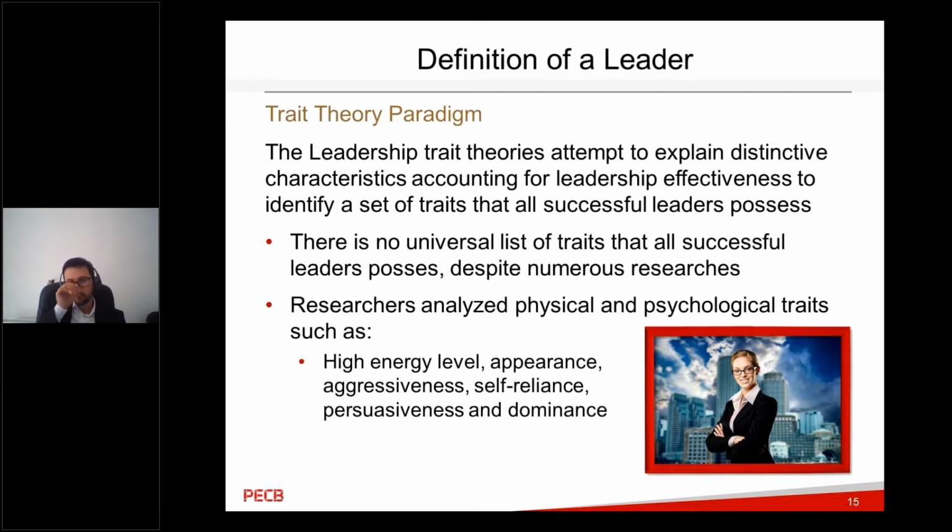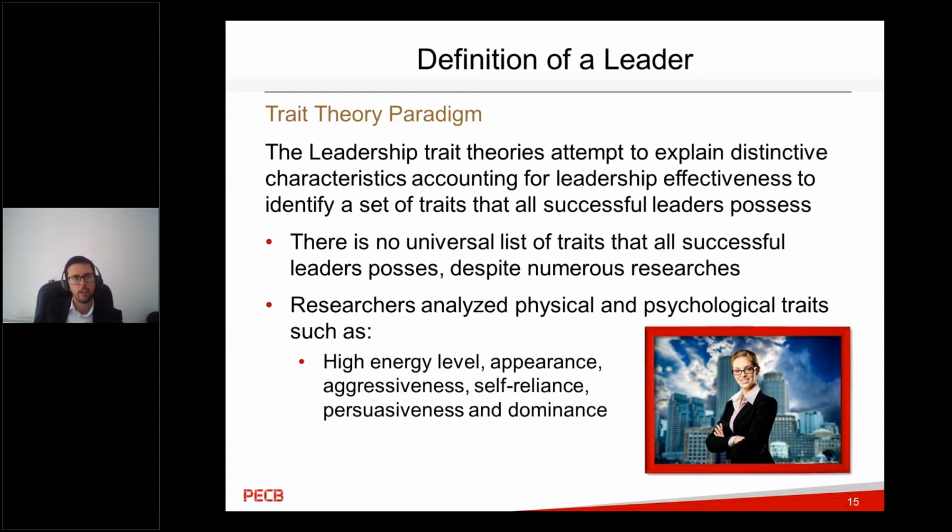This is something that leadership trait theories tried to explain and to evidence during the early 60s, so to say, before the year 1960. And they tried to explain these characteristics that form leadership effectiveness.